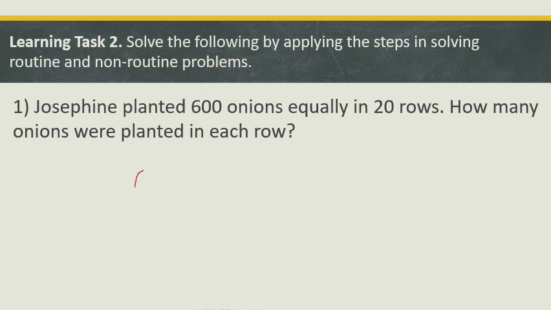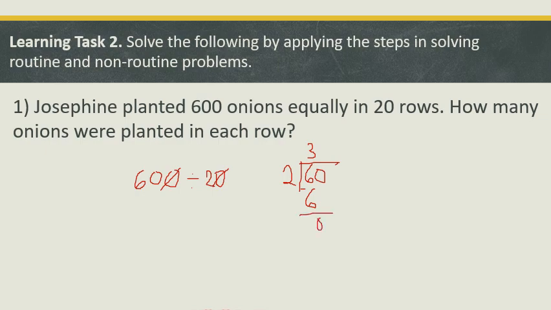So, didivide natin yung 600 divided by 20. Since sila pareho ay divisible sa 10, pwede na nating tanggalin yung tig-isang 0 para lumiit na siya. So, magiging 60 divided by 2. 6 divided by 2 is 3. 3 times 2 is 6. 6 minus 6 is 0.